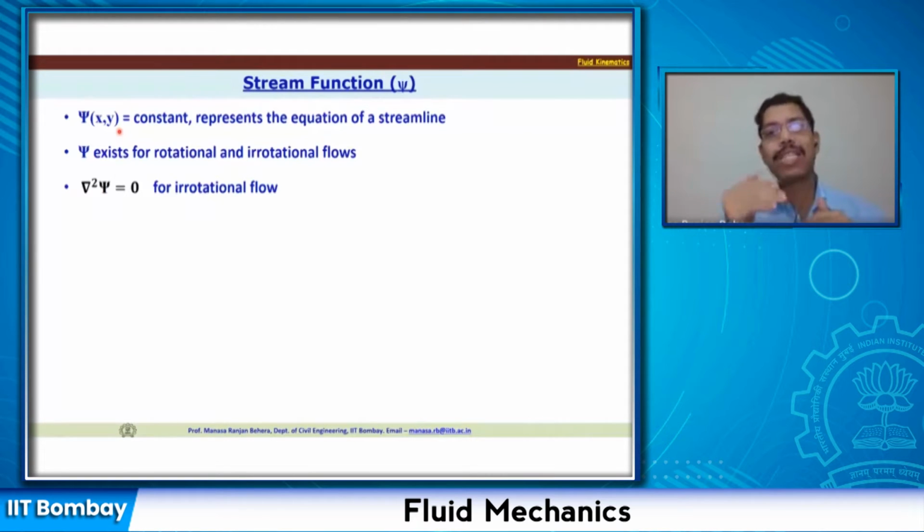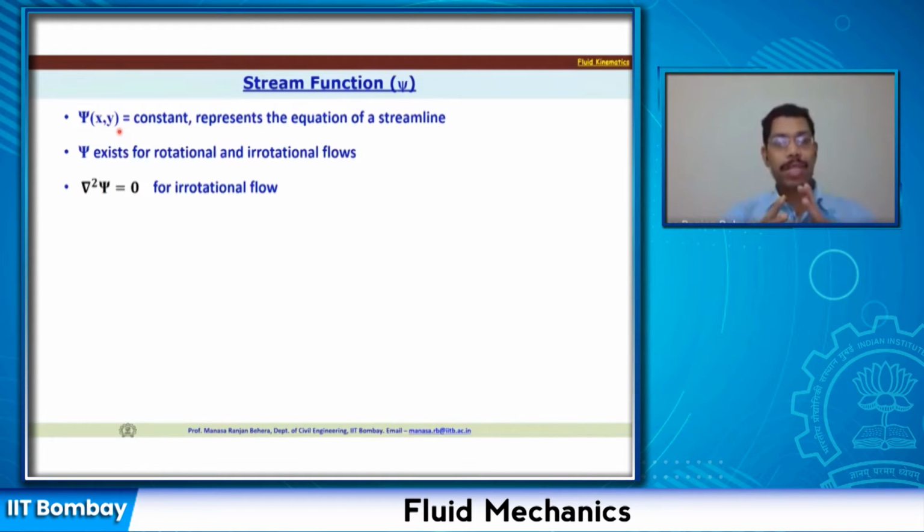And similarly, if I start equating that to different constants, I will get different streamlines or a set of streamlines. Okay, so these streamlines are also called flow lines. So basically, it is showing me that this is one flow line. If constant 2, then that is another flow line. If it is equated to constant 3, this is another flow line. Okay, so these are the properties.